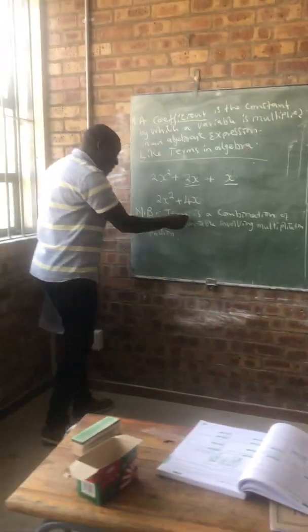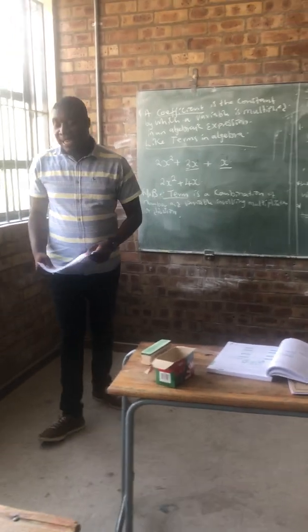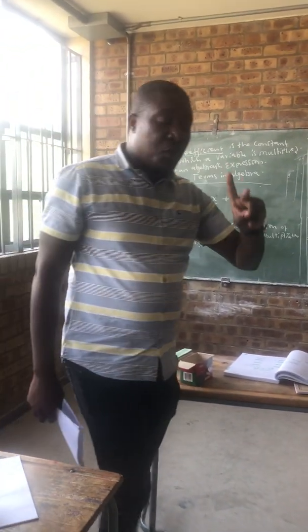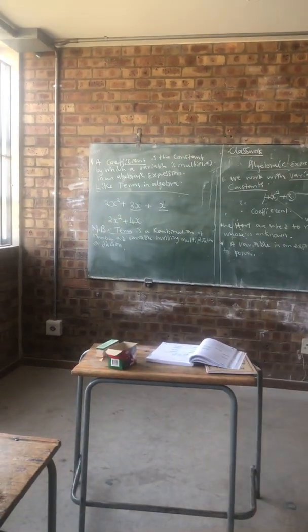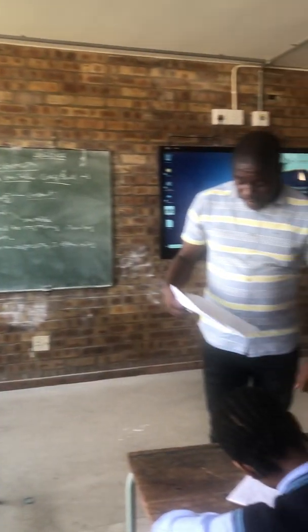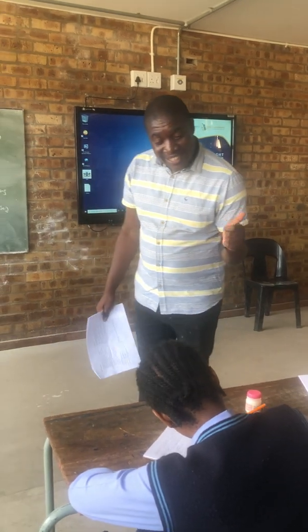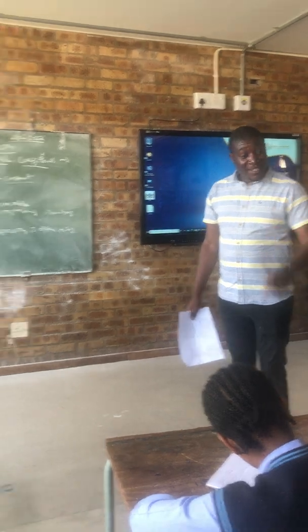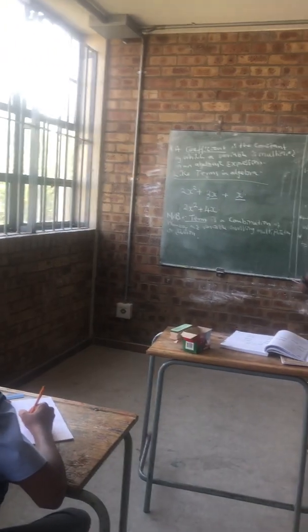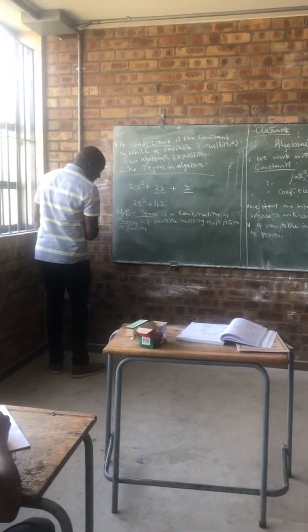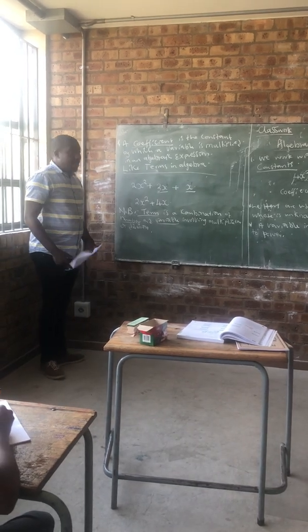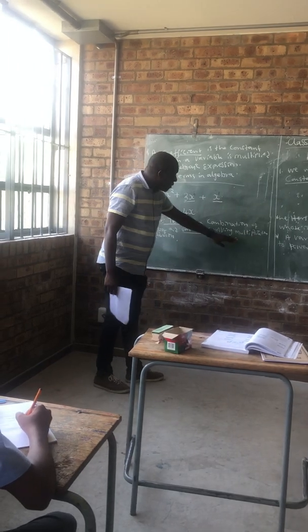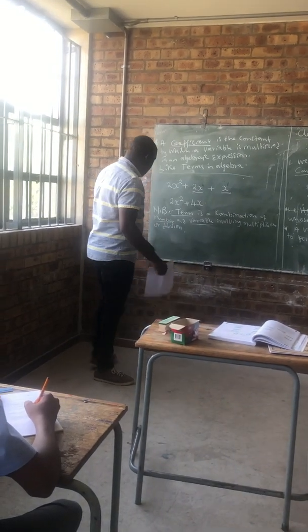So term means that it involves two things. What are those two things that are involved in a term? A number and a letter, or a variable. So it combines a number and a variable, and can be involved in either multiplication or division.